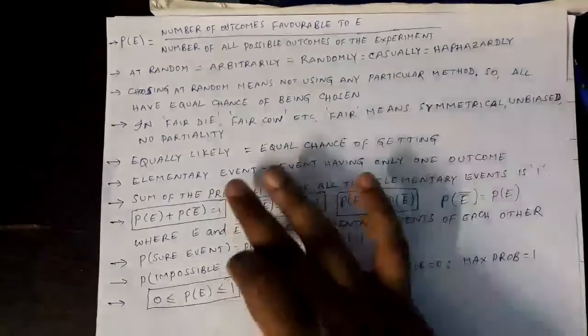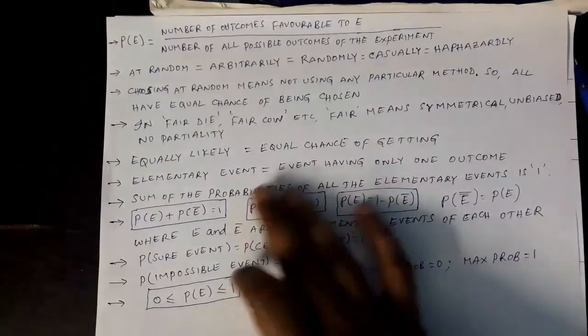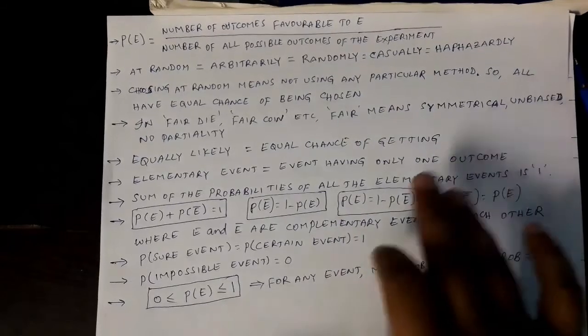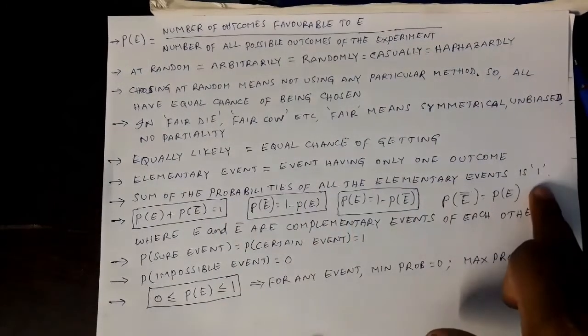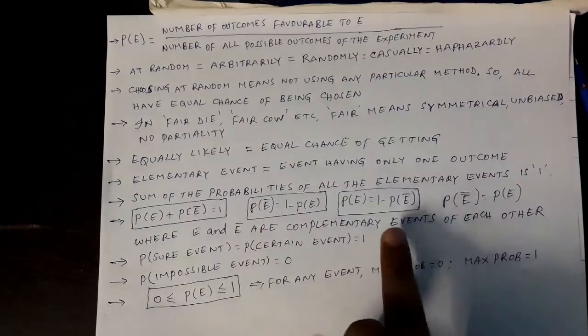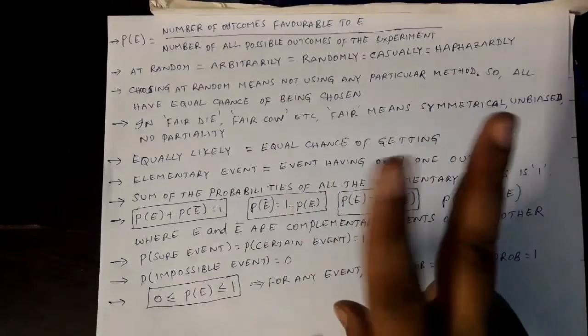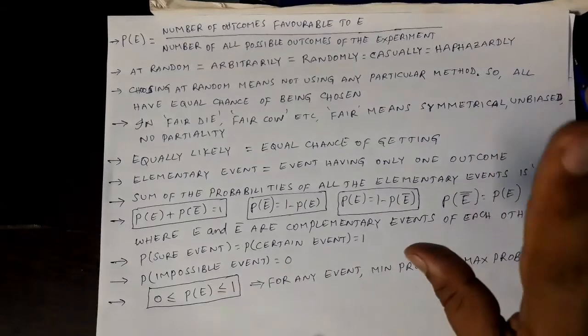Equally likely we have discussed. Equally likely means equal chances of getting. Elementary events we have seen. An elementary event means an event having only one outcome. What is the sum of probabilities of all elementary events? That is 1. Here E and E bar are complementary events. Complementary events mean those 2 events together form the complete outcomes.